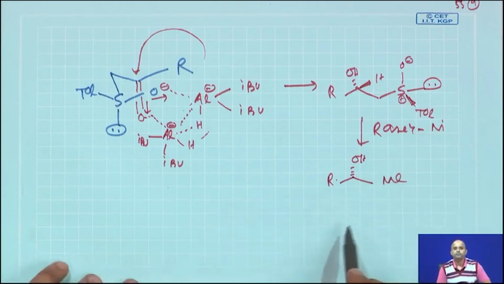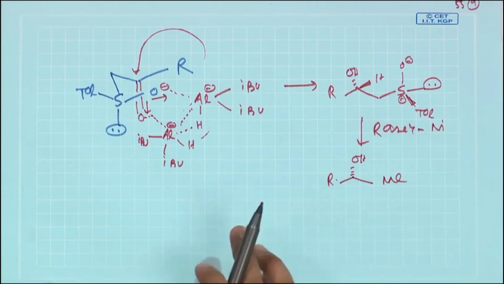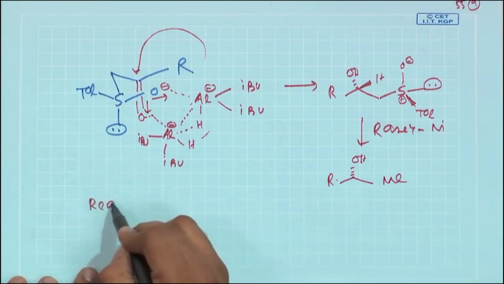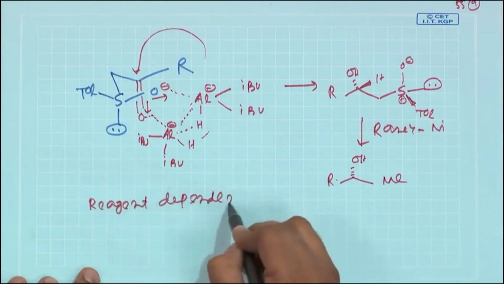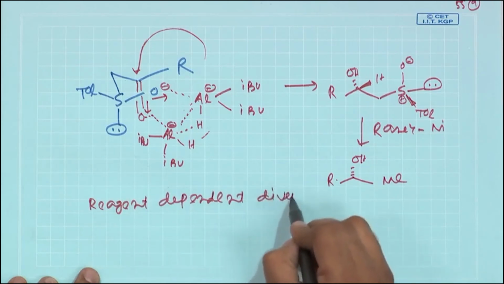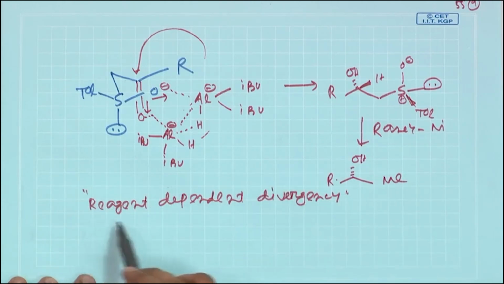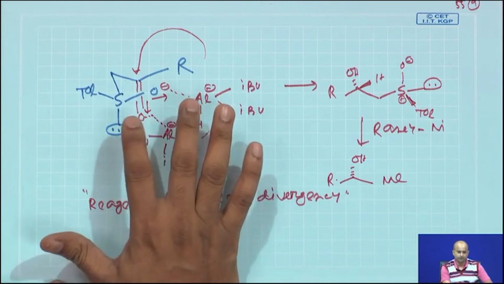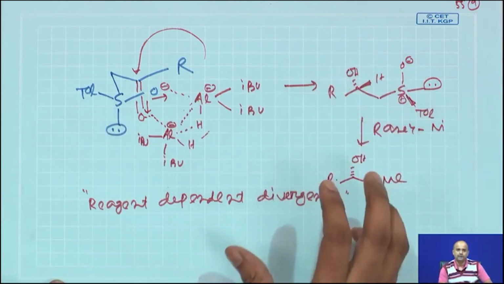So, basically by choosing two different reagents which react in a fundamentally different way, you can create the divergency. So, this is purely a reagent dependent divergency, and this kind of reagent dependent divergency is very popular, because you start with the same starting material and subject it to a simple achiral reagent.